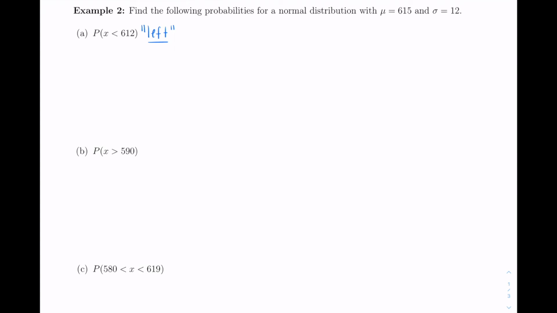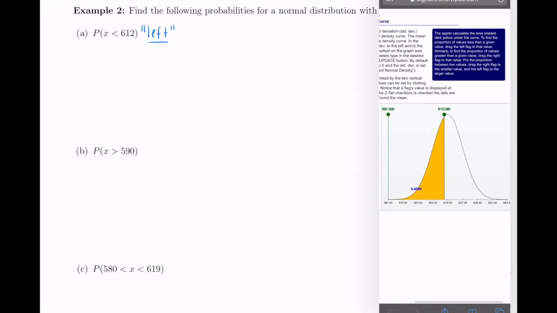For now, if I look at the applet, I've already got the applet set up with the mean of 615, standard deviation 12, and you can see that I have my yellow region. If you look at this first dot up here, 612.086, this is as close as I can get it to being exactly 612.